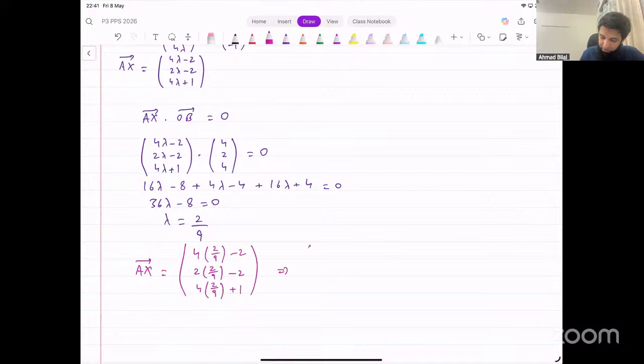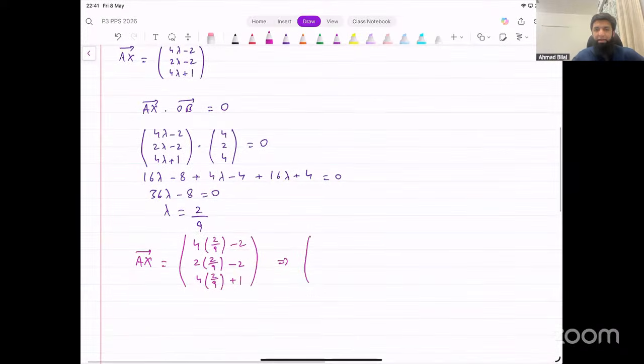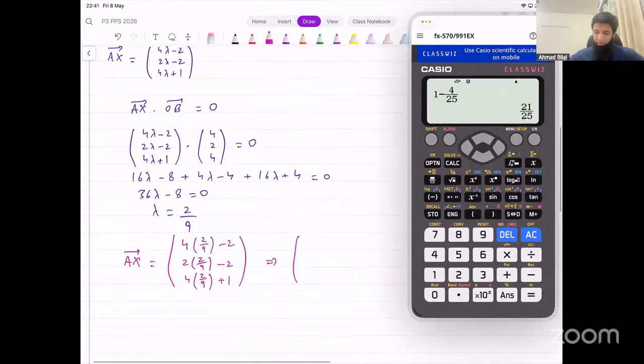Simplify this. 8 over 9 minus 2, that's minus 10 over 9. 4 over 9 minus 2, minus 14 over 9. 8 over 9 plus 1, 17 over 9.